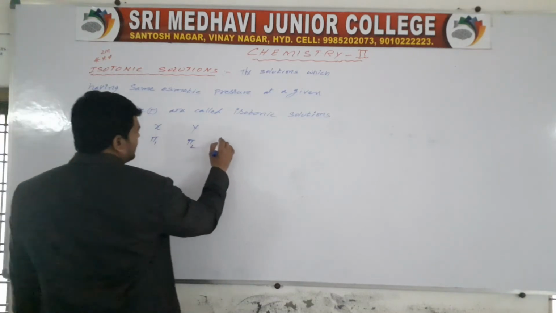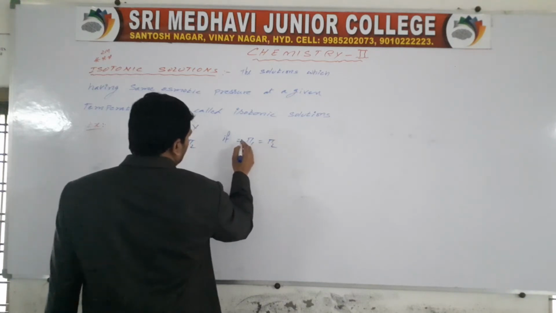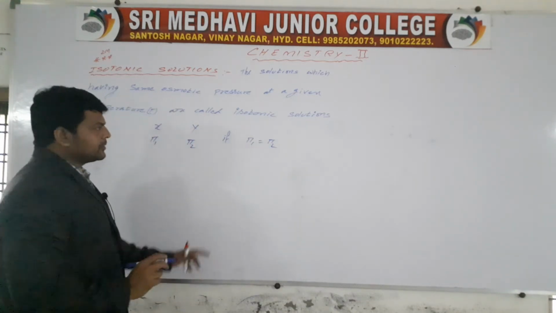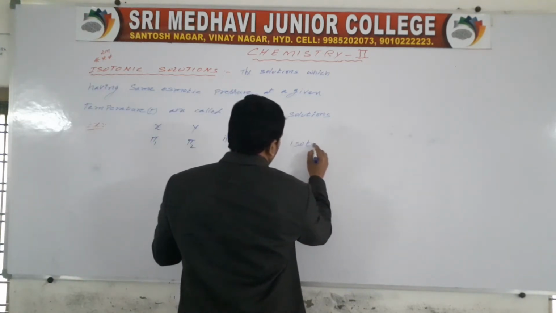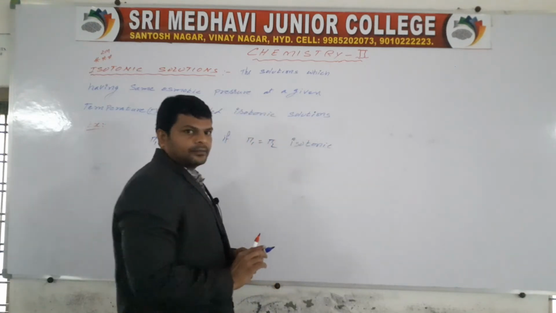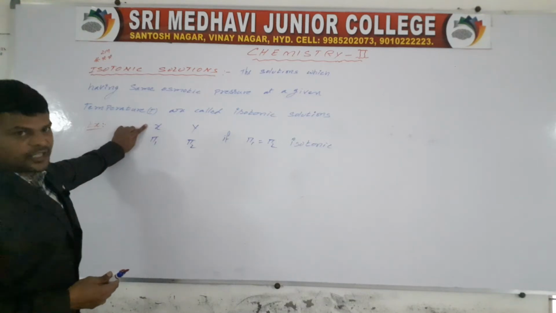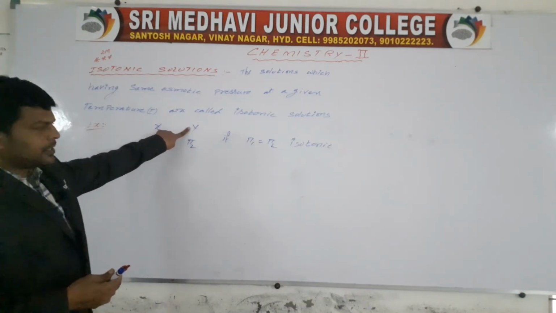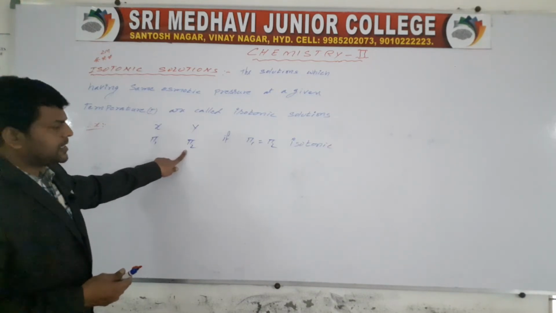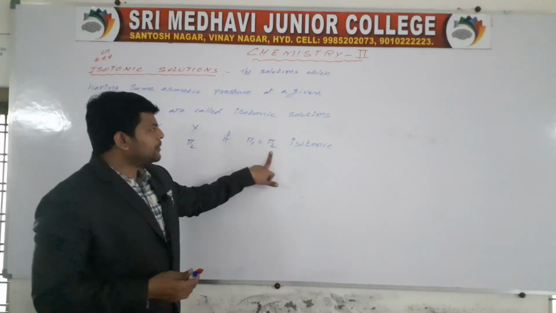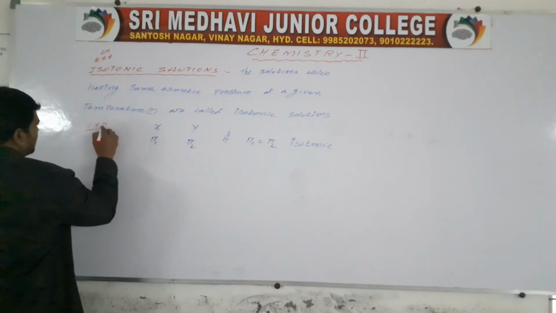If pi 1 equals pi 2, then these two are isotonic solutions. This is the explanation.